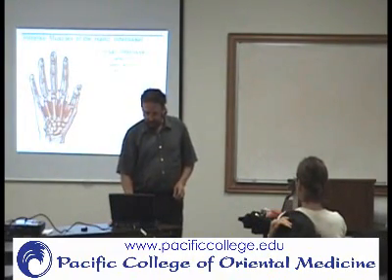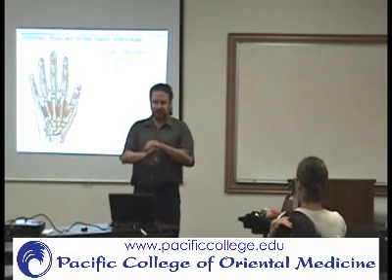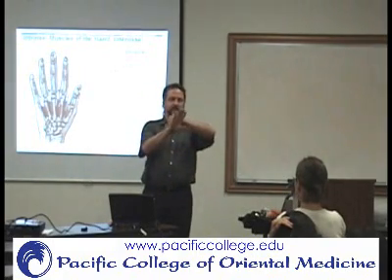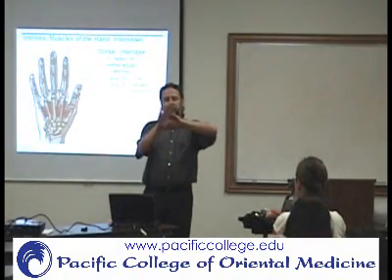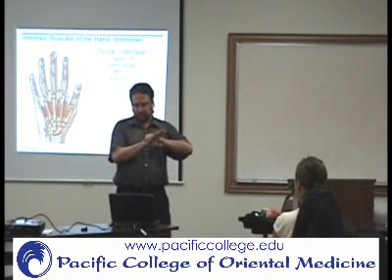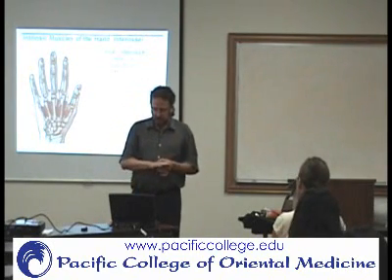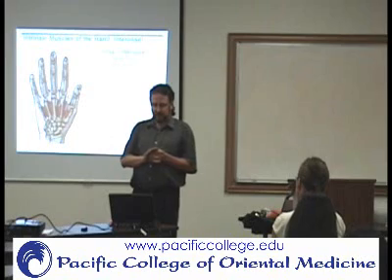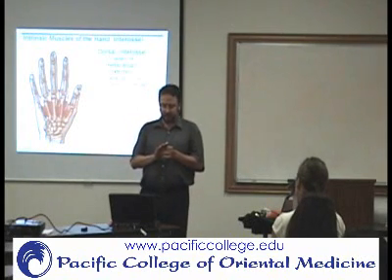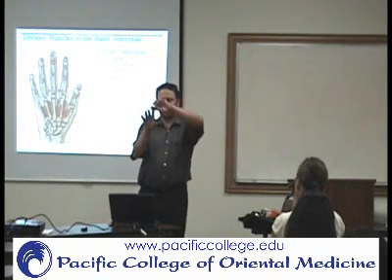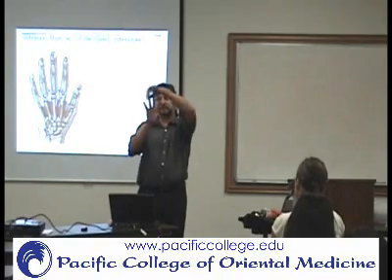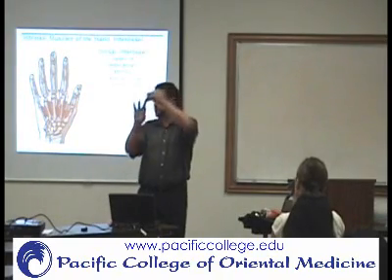Okay, so then the dorsal interossei, those are going to be more towards this side, but it's right in between the metacarpals. So then what those are going to do is abduct the fingers. So that's going to pull this one this way, this one, and then the middle finger is going to pull on either side.